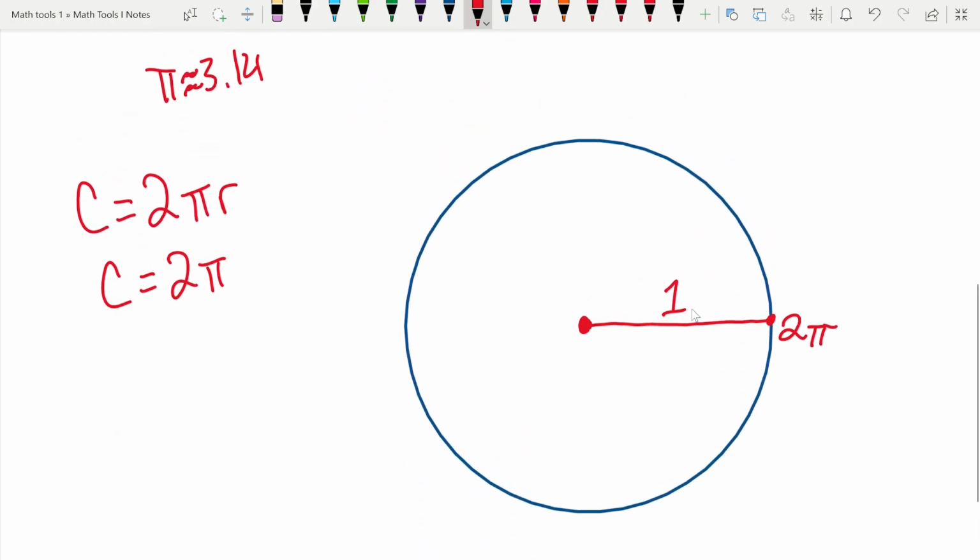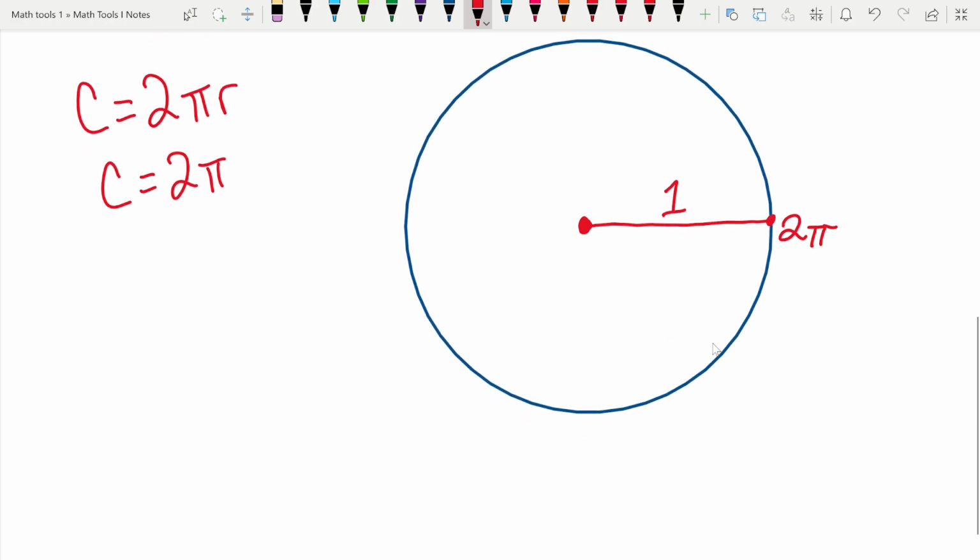If we start right here and we kind of open up and we just keep going and keep going and keep going, then we will have measured 360 degrees. So this is an equivalent measurement for that angle based on how far we travel on the circle in order to make that angle.